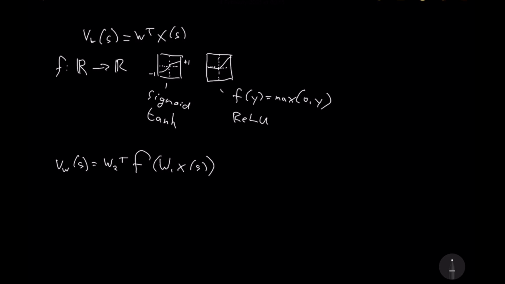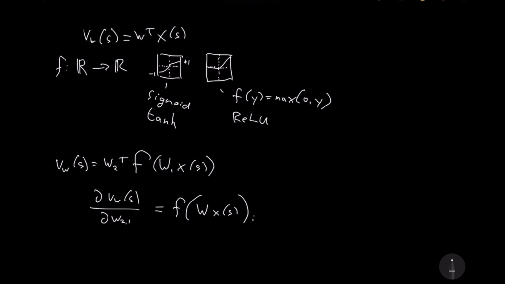So now note that if we want to take the gradient, the gradient with one of the components of W2 will be quite simple. So if we consider the partial derivative of v_w of some state S with respect to W2_i, this will simply be the function f applied to this weight matrix applied to our feature vector, taken at i.